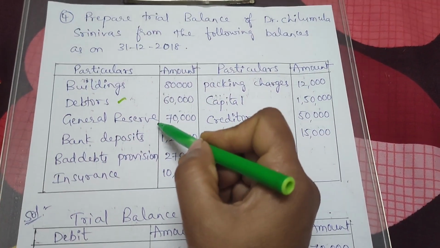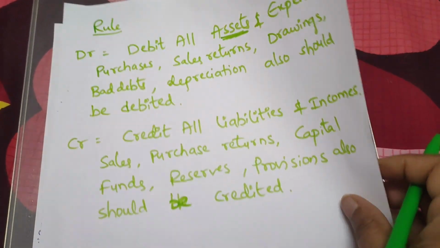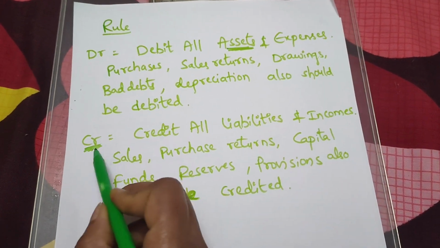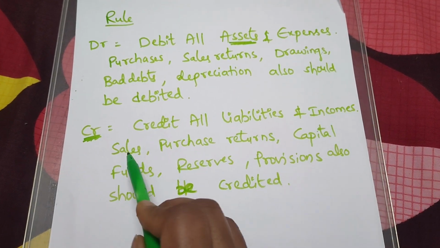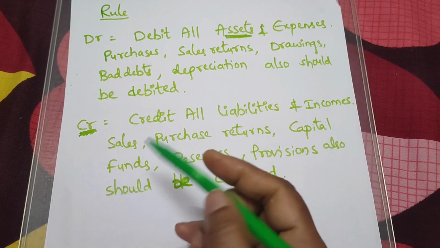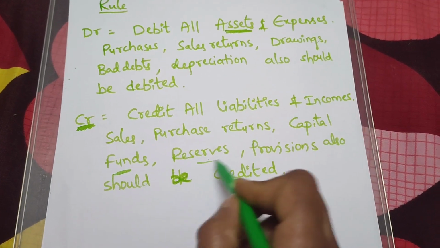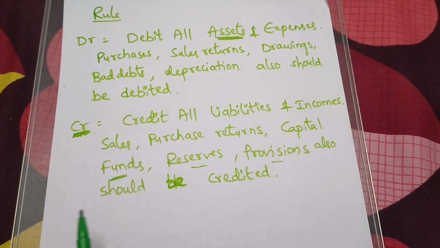Next one, general reserve. Reserves, funds, provisions we credit. See here, credit. What should we credit? All liabilities and incomes: sales, purchase returns, capital, funds, reserves. So funds, reserves and provisions also we should credit. Here what we have?